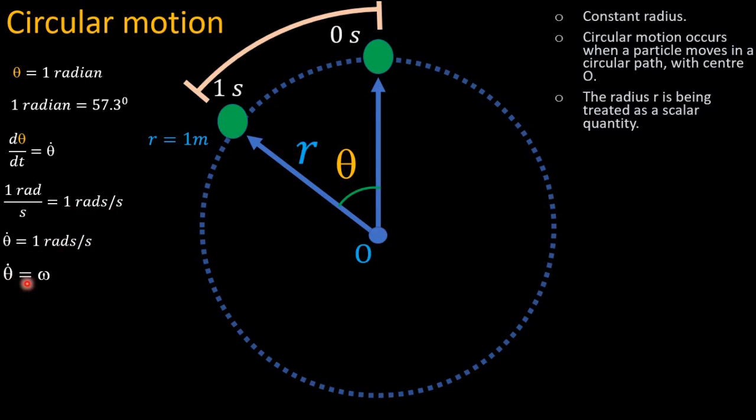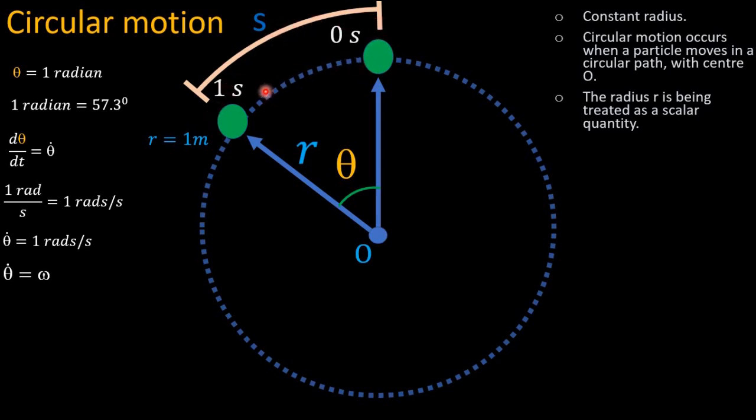Sometimes theta dot is written as omega. Sometimes it's given this symbol here, but this symbol is usually used for frequency. Frequency would just be the number of full revolutions per second.